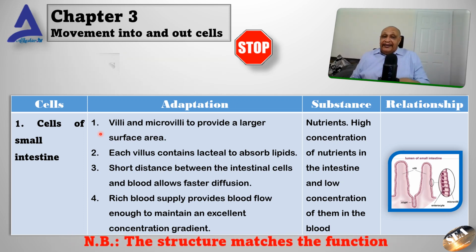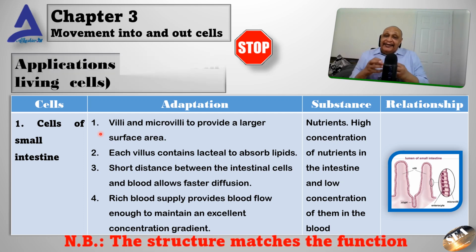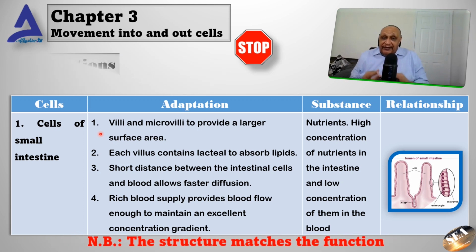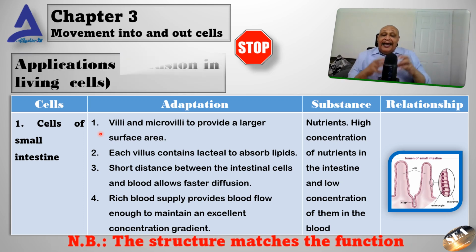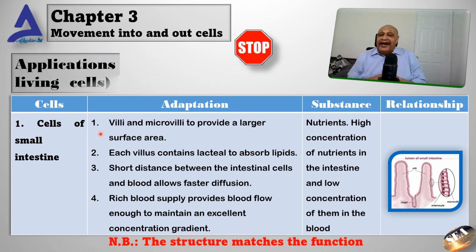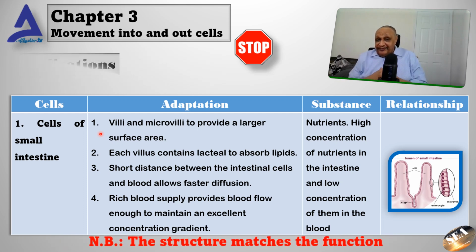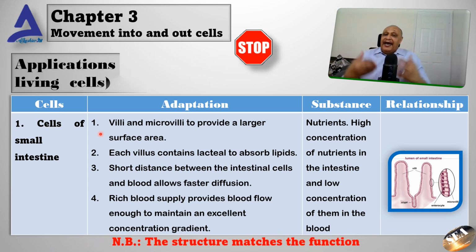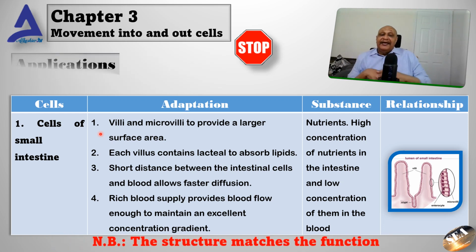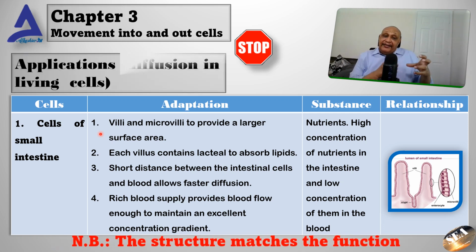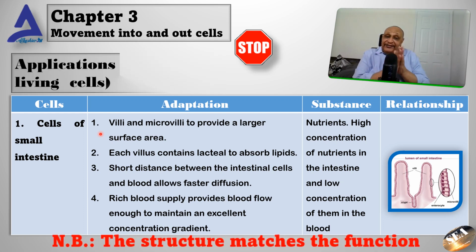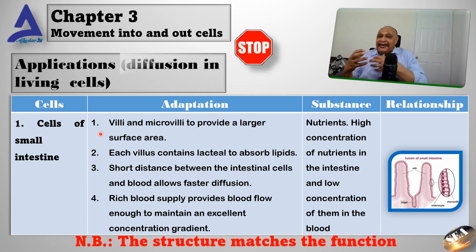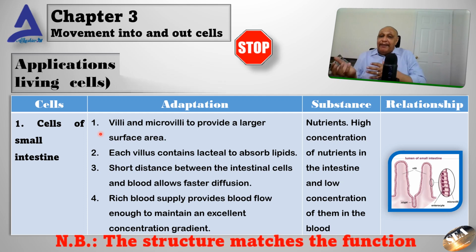Now, each villi contains a lacteal. The lacteal is a specialized part of the villi, and it is important to absorb fat or lipids. Again, this is a good thing, so it is another adaptation. Now, the third part is that there is a short distance between the intestinal cells and the blood supply, the blood capillaries.